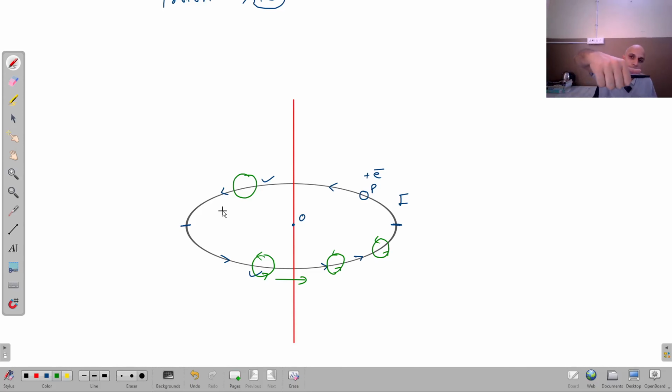So in this way, you can find the direction of the magnetic field that arises because of the flow of electric current in this loop, and this current is arising because of the motion of a proton.